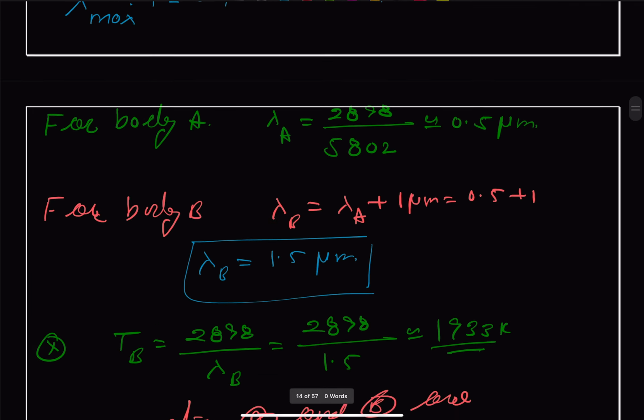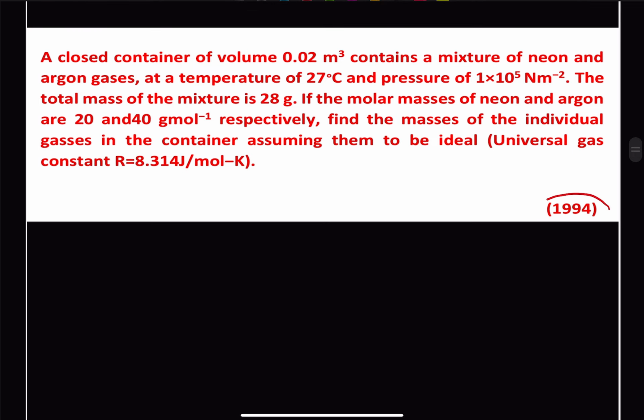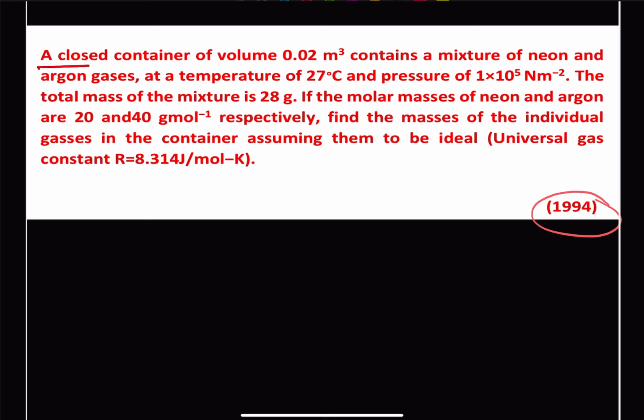Next question. It was also asked in the year 1994, and it states that a closed container of volume 0.02 meter cube contains a mixture of neon and argon gases at a temperature of 27 degrees centigrade and pressure of 1 into 10⁵ Newton per meter square.